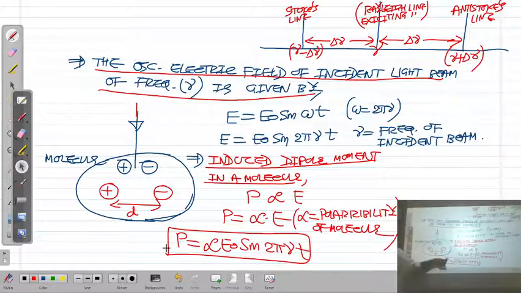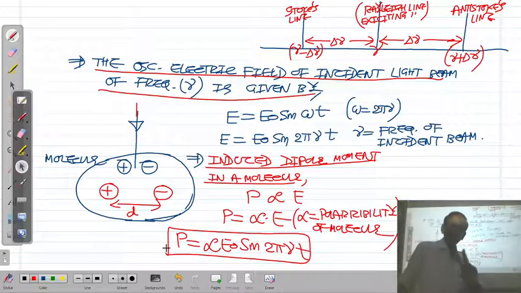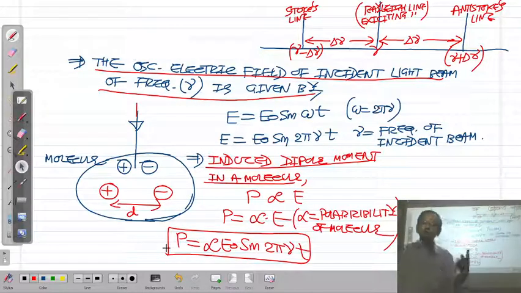Now this induced dipole moment of the molecule is not constant. It is variable because the molecule has two types of internal motion: vibrational motion and rotational motion.